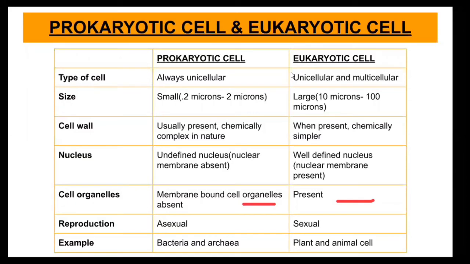Now the reproduction in prokaryotic cell, it is asexual, but the reproduction in eukaryotic cell, it is sexual. Examples are bacteria in case of prokaryotic cells, but in case of eukaryotic cell, the examples are almost all the cells of higher animals or well developed animals.